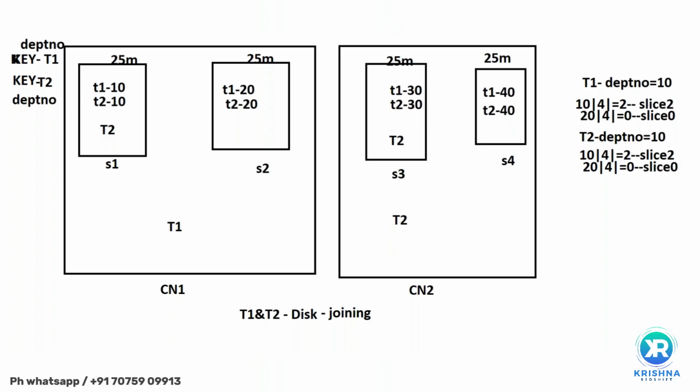But let's take this key example: the employee table has a department number column, right? And the department table also has a department number column, right?